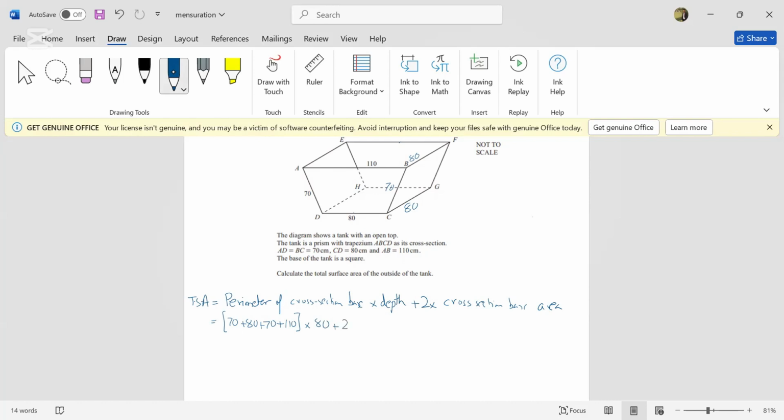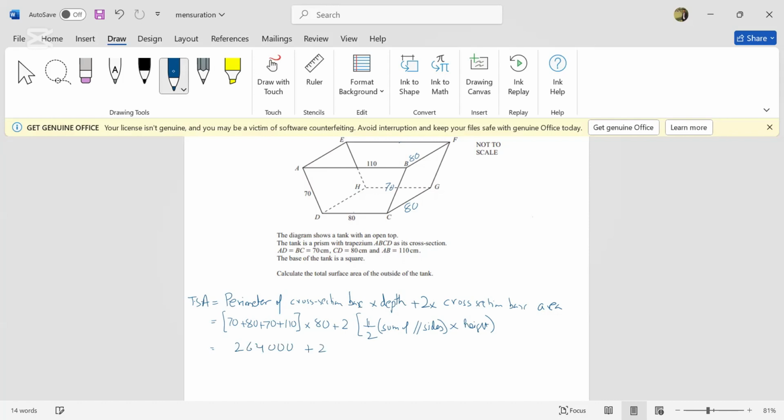Now over here, the area of the trapezium is 1 upon 2, the sum of the parallel sides, multiplied by the height. If we check out here, this is going to give us 26400 plus.